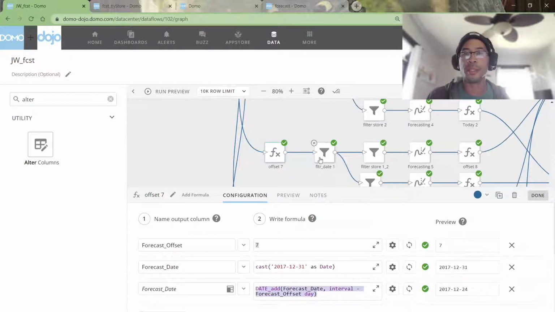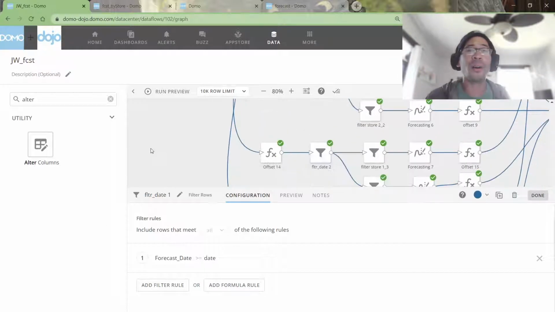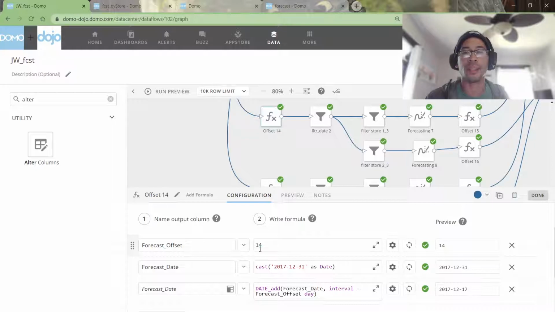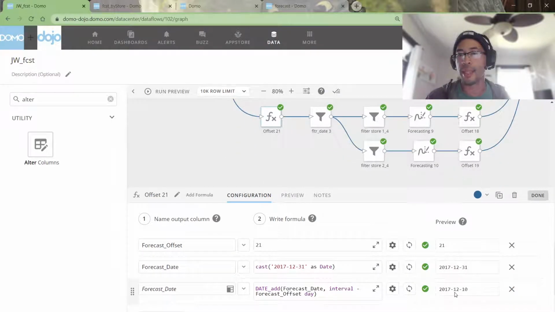And if you'll recall, if I set my forecast date to 12/24, I can limit my data to just up to the 24th, and I can forecast 7 or 14 days into the future. But I also want to capture my forecast 14 days ago, and I want to capture my forecast as it stood 21 days ago. I can count.